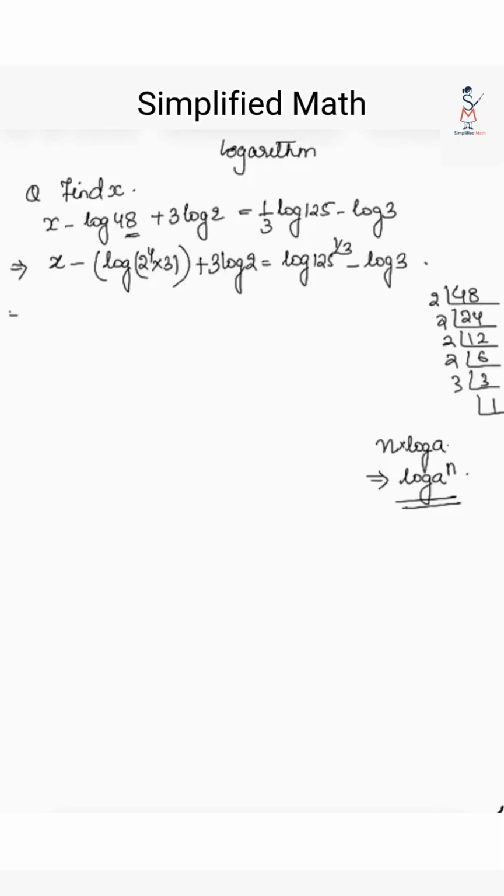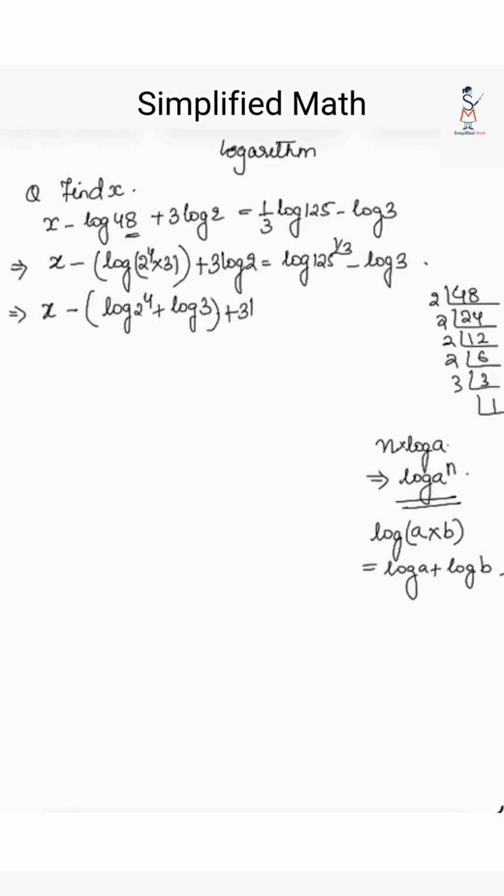Now it is x minus log a into b. Again, what is log a into b? It is log a plus log b. So this will become log 2 raised to the power 4 plus log 3.